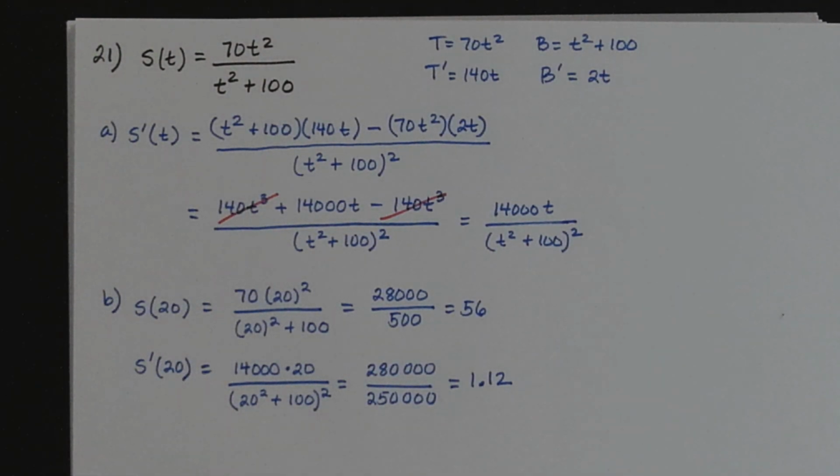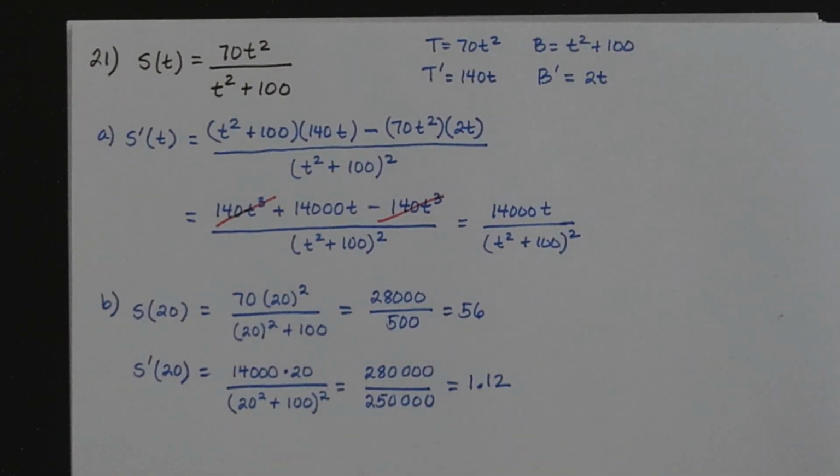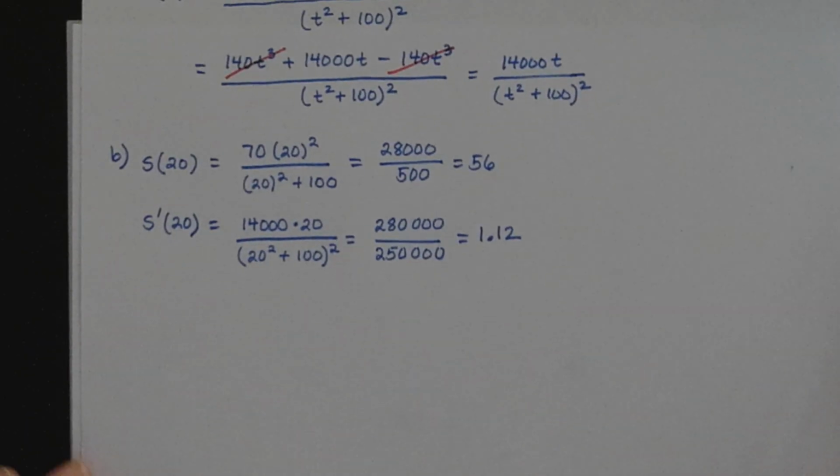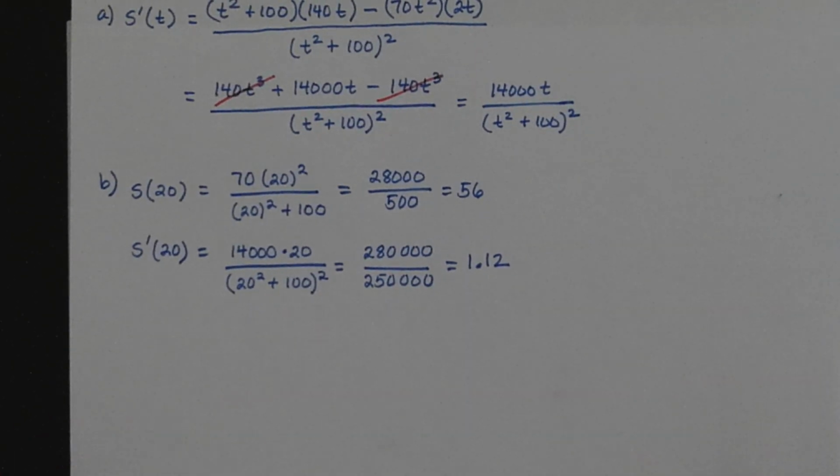Now, what do these values mean? That's what Part C is asking for. What do the values indicate? Here's what those two values mean for S of 20 and S prime of 20.